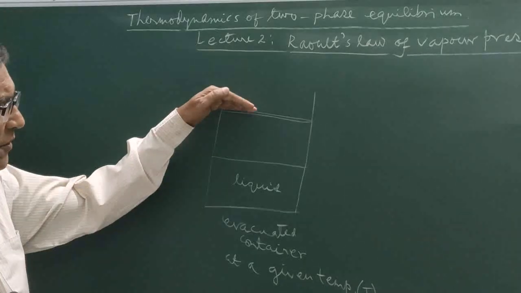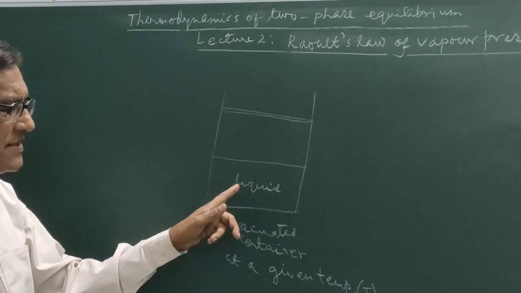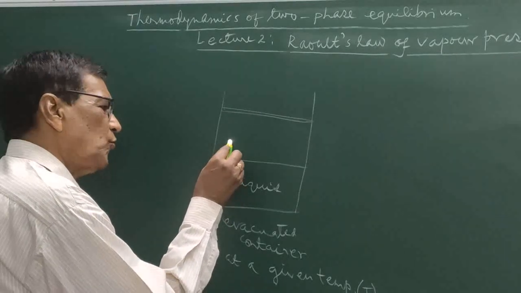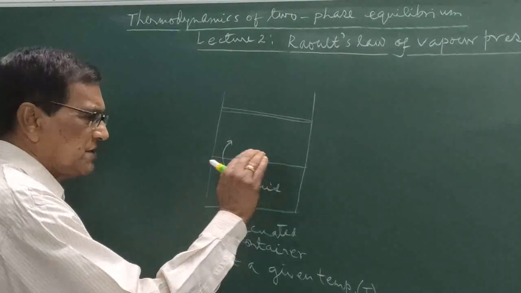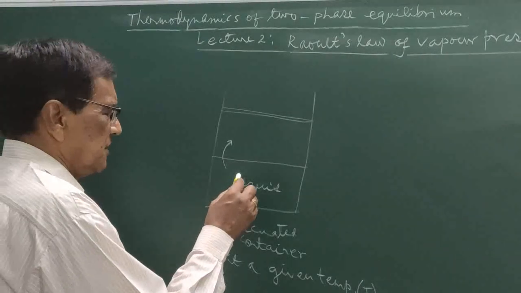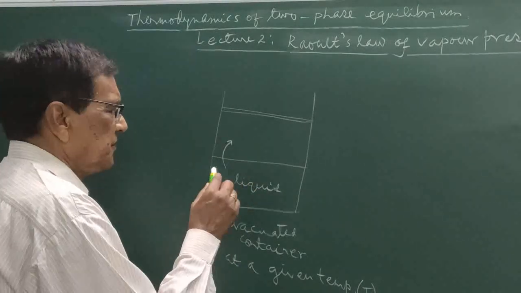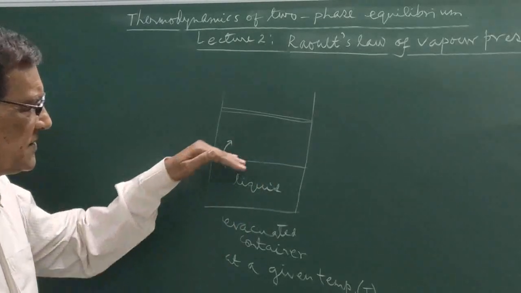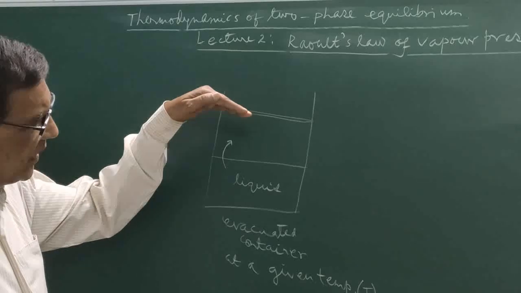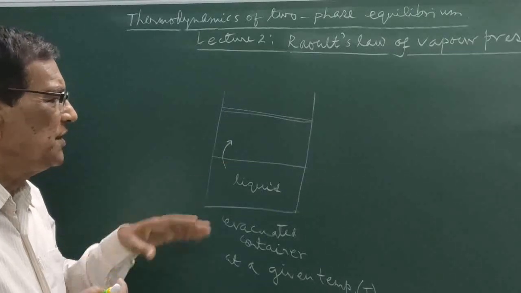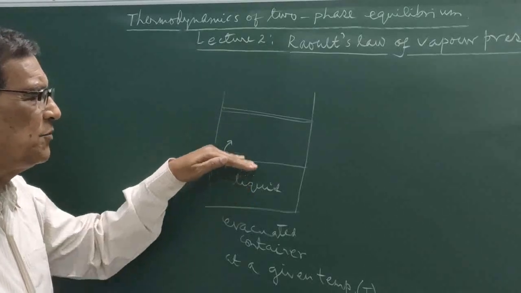So in an evacuated vessel, whenever the liquid is inserted, the liquid is trying to evaporate from its surface. As the liquid gets evaporated, this vacuum will be getting filled up with the molecules of this liquid vapor.